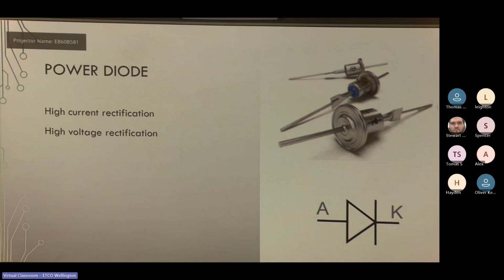Yep. So yeah, there's pretty large power diodes for the HVDC mainline, where it gets converted from AC to DC when it goes under the Cook Strait.